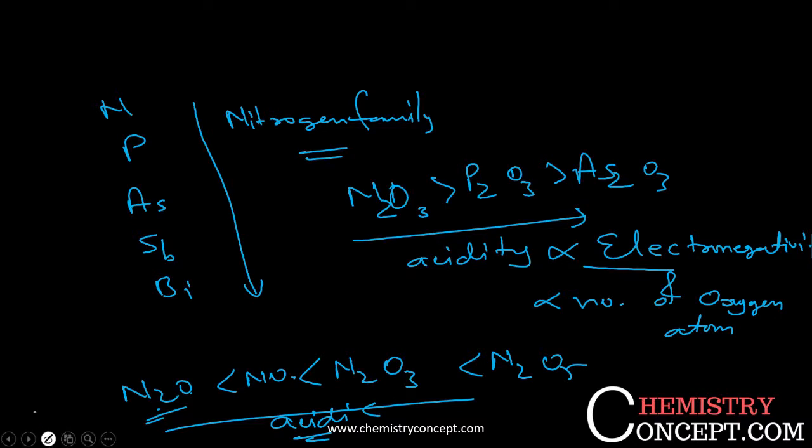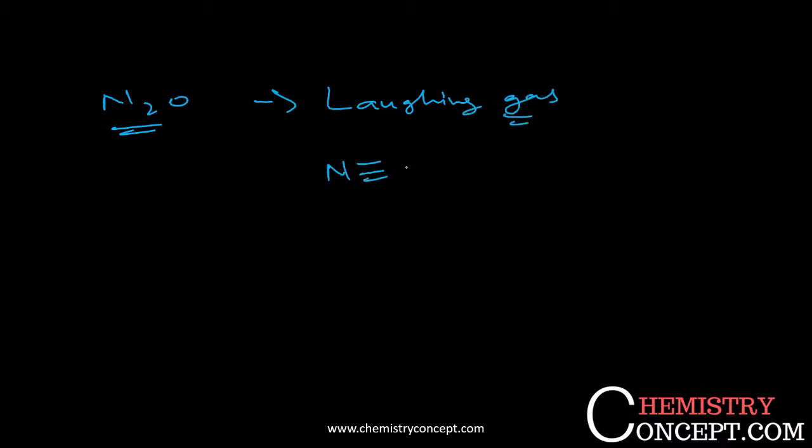And now let's discuss the oxides of nitrogen. First we'll take N2O, dinitrogen monoxide. This is also known as laughing gas, and the structure of this laughing gas is like this.